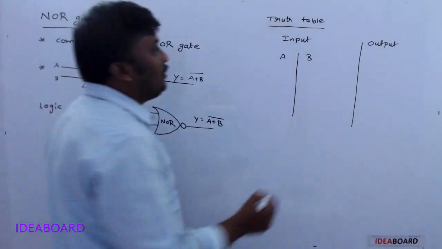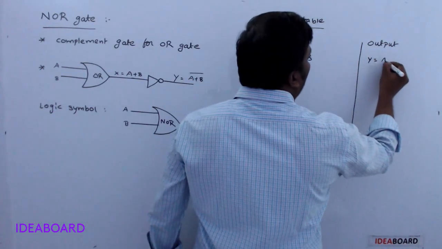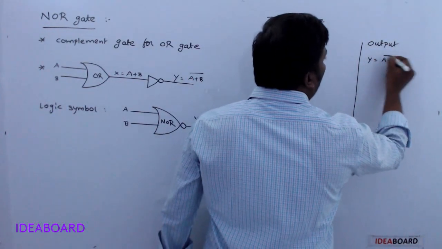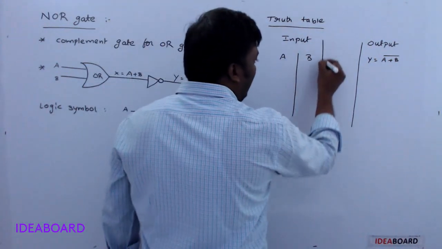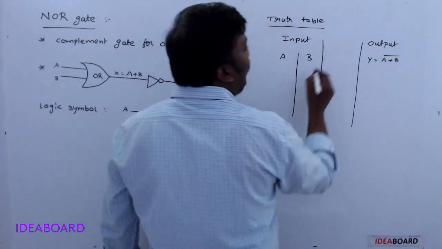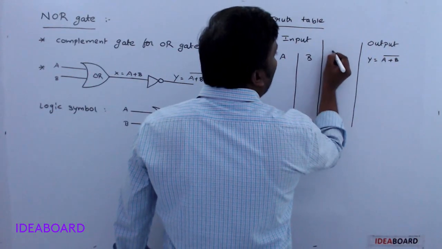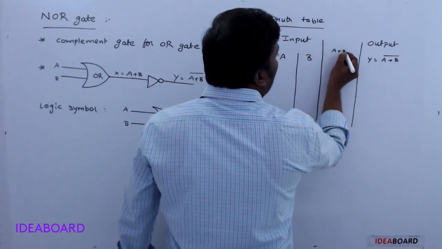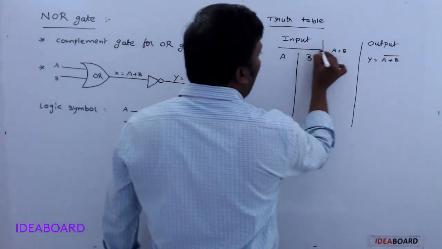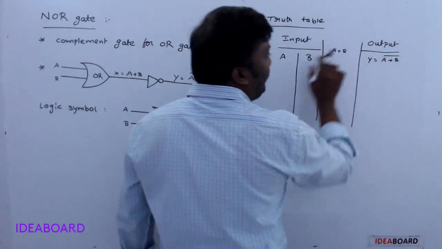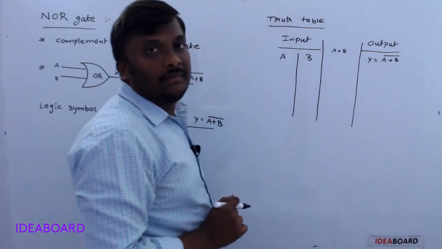Output is Y is equal to A plus B complement. For understanding purpose, I take one more column here, that is A plus B. Originally we require only inputs and output. For understanding purpose only, I take one A plus B here.